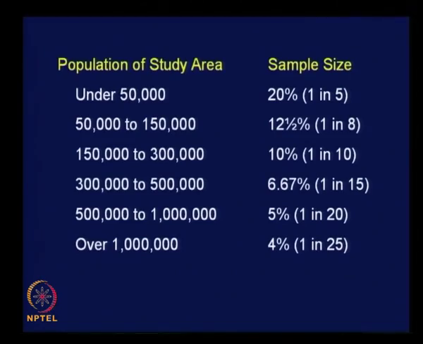If you do so, it works out to a higher percentage of a small number. Number is small, but the minimum required number of observations is more, because you want to capture the whole of the variation, even though in absolute terms the number of households interviewed may be relatively small, right. When you work out this number as a percentage of the population, when the population is small, the percentage works out to be high, okay, 20%.